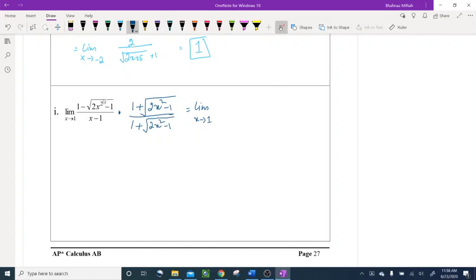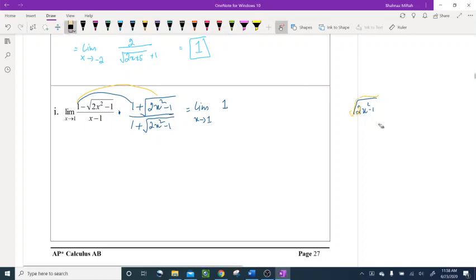And I'm going to multiply 1 times 1, which is going to give me 1. 1 times the square root of 2x squared minus 1 is going to give me the square root of 2x squared minus 1. Then I multiply the square root of 2x squared minus 1 with this one, because I multiplied 1 first with both of them. So when I multiply 1 and 1, I got 1. When I multiply 1 and this, I'm getting that.